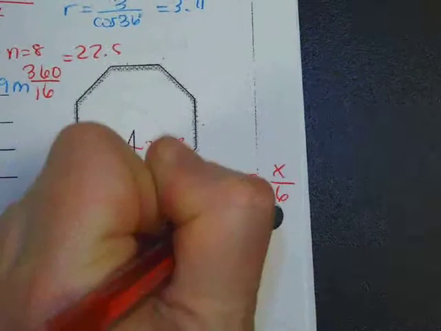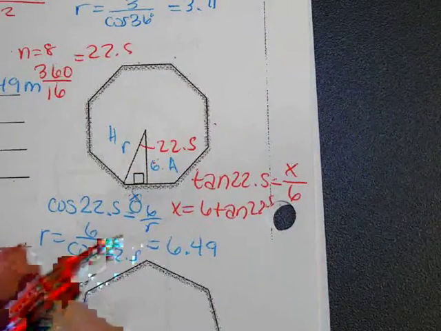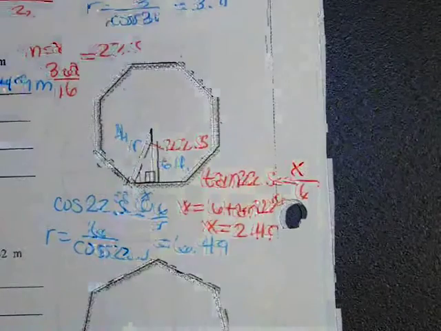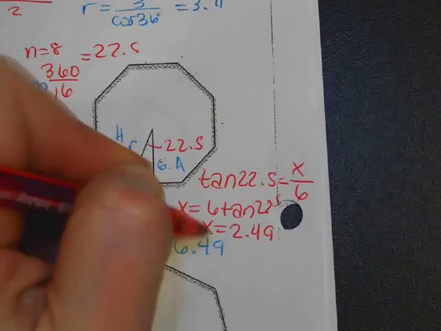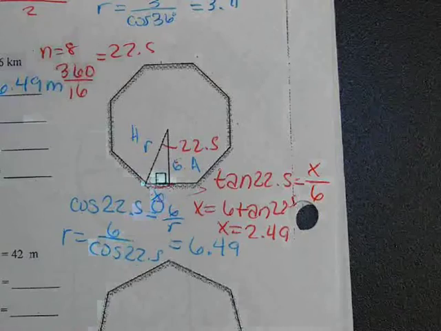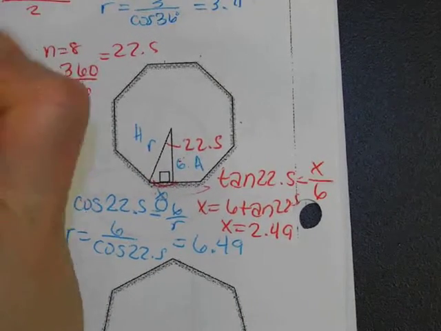So 6 tan 22.5 comes out to about 2.49. Now, again, you want the whole side, so I need to take this number, which is just the triangle, and multiply by 2 to get the side length, which comes out to 4.97 meters.